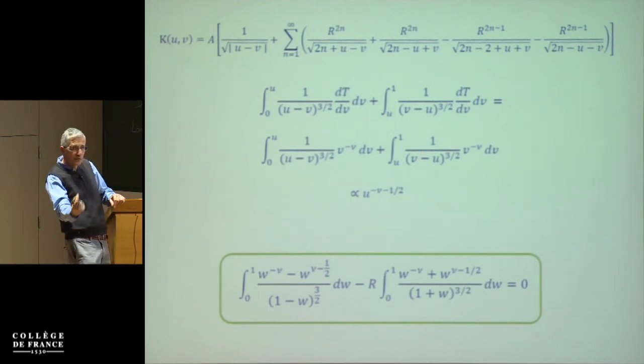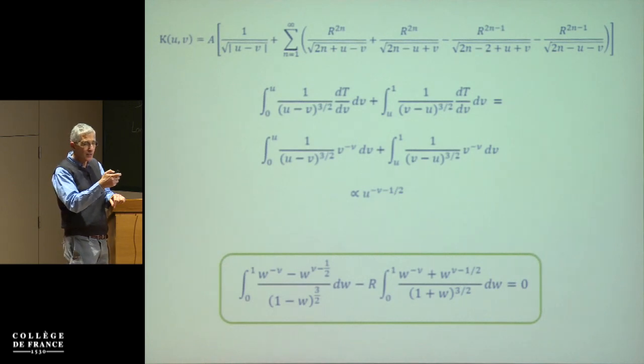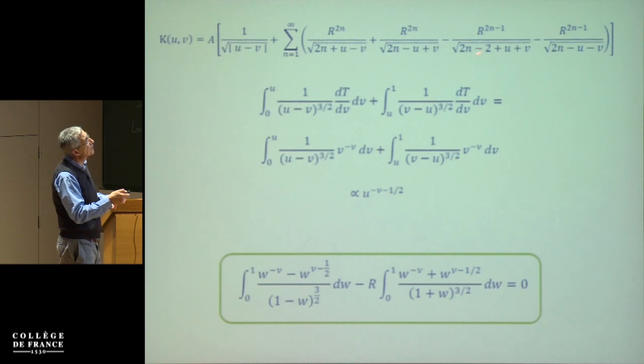That is, only from the first reflection can you get such a singularity, because when n is equal to 1, 2n minus 2 is 0, and there is a singularity of this integral when u plus v are close to 0. All the others are regular integrals, they contribute nothing. So when you calculate the similar terms that come from these two terms, just one reflection, you get this expression.